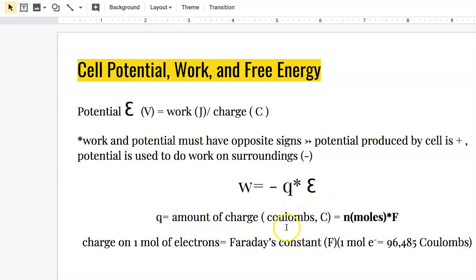Q is the amount of charge in coulombs. E is the potential. Now, charge is also number of moles of electrons times Faraday's constant. So we can say Q equals nF.